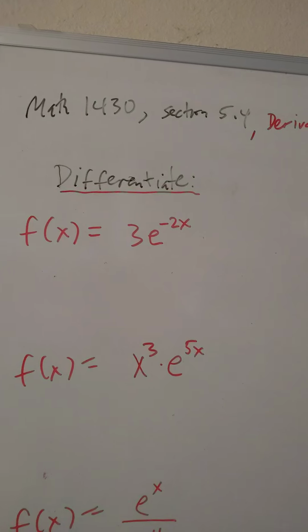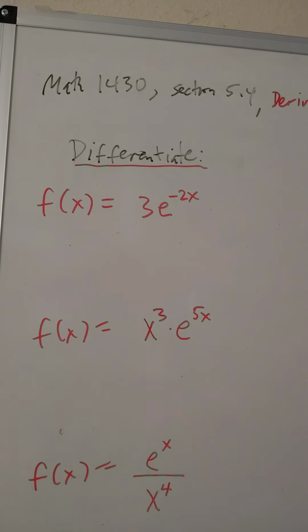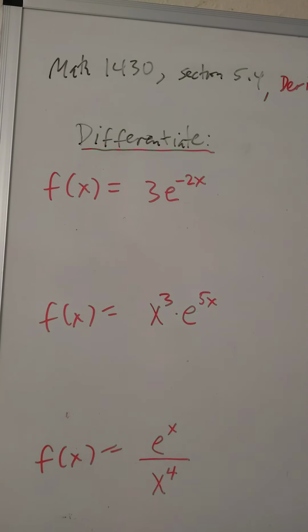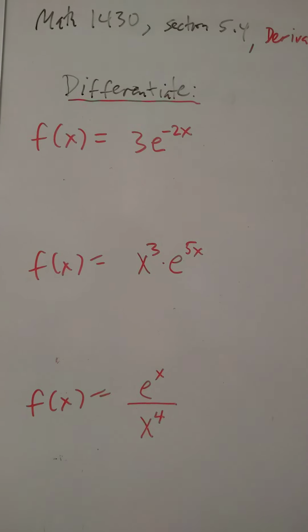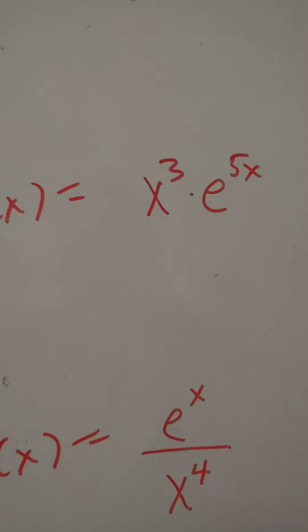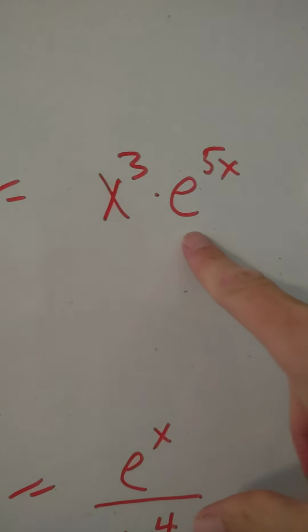That means find the derivative of this function, f of x equals 3e to the negative 2x, which has a constant factor 3 in front. And then we're going to take a look at f of x equals x cubed times e to the 5x. So notice this e to the 5x, this is an exponential function.